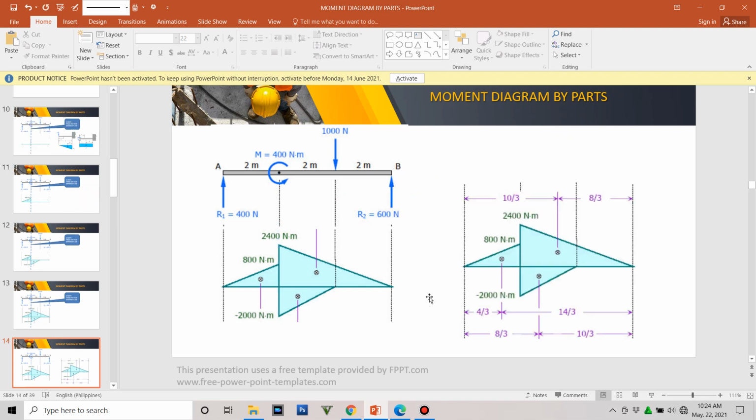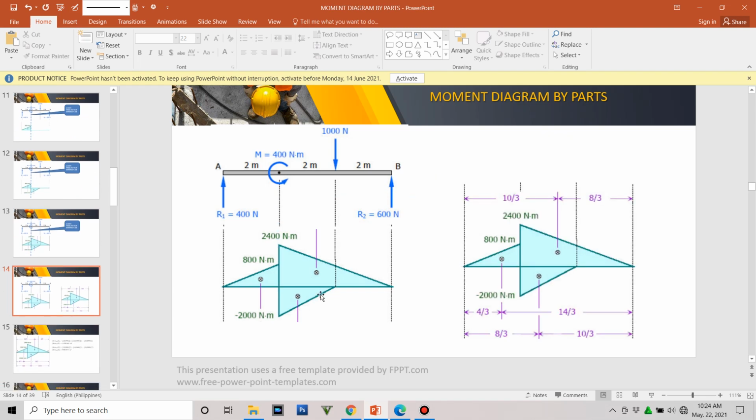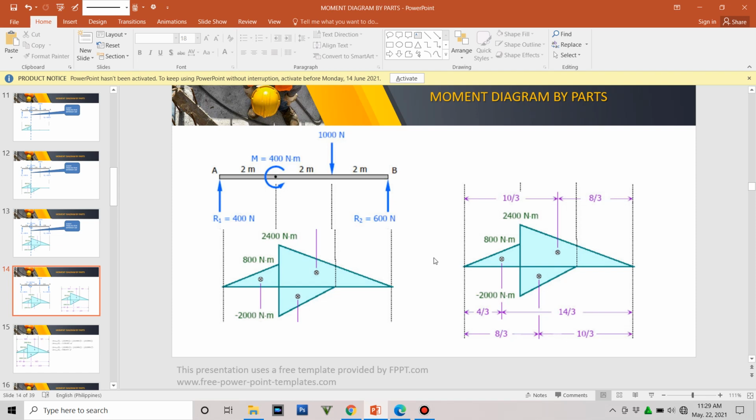Okay, so moving on. Of course, after establishing your ordinates, put in the centroids. These are the centroids. So we should know how to locate these centroids. We are now dealing with the triangular shape, so let us have an emphasis on that.